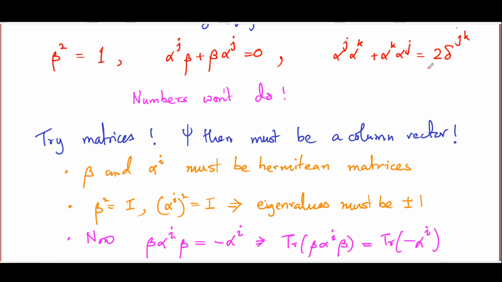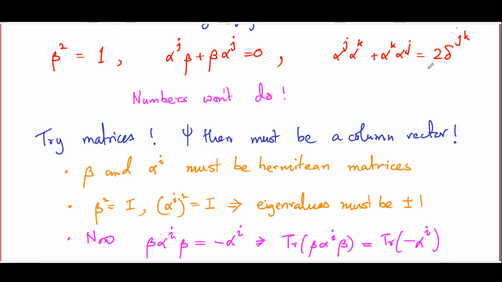Now, beta square equals the identity matrix immediately implies that the squares of the eigenvalues of beta must be equal to eigenvalues of I, which are of course only 1, which means beta's eigenvalues have to be plus 1 or minus 1.